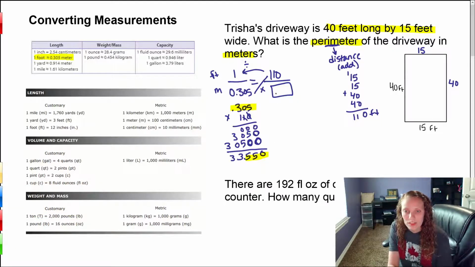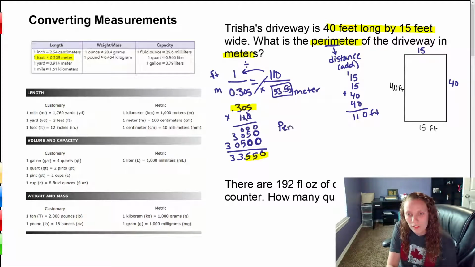This answer would be 33.55, and we're dealing with meters because that's what it's across from. So the perimeter is equal to 33.55 meters.